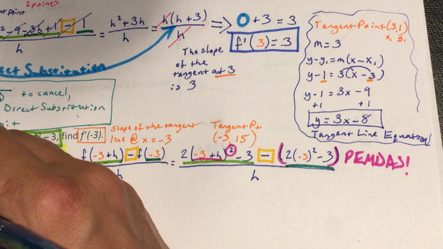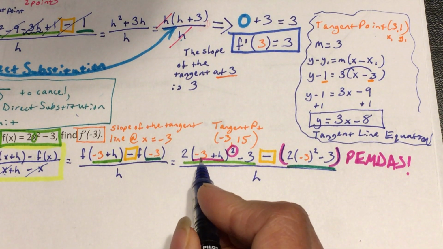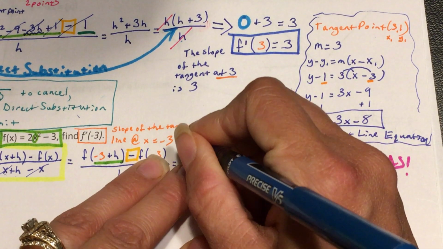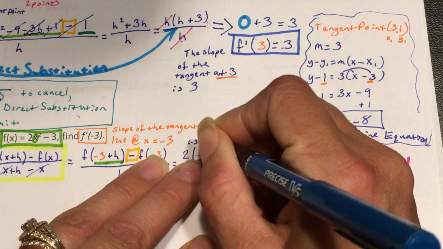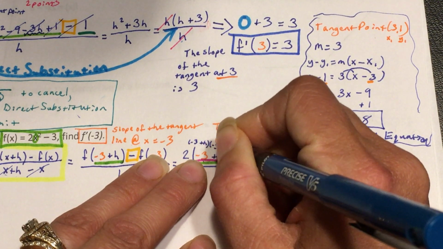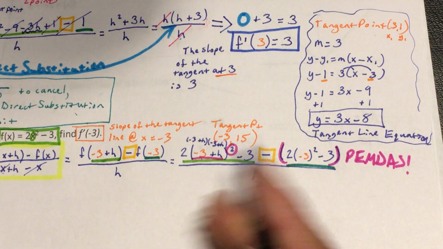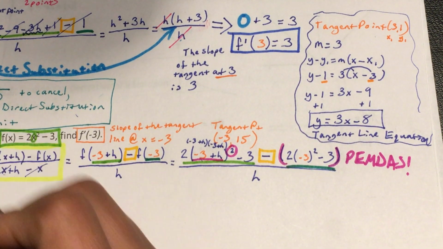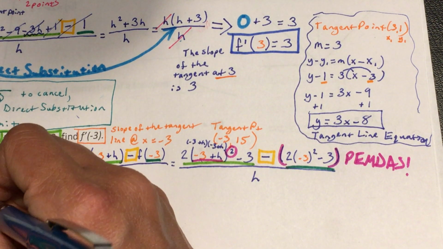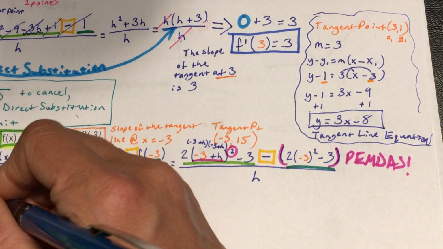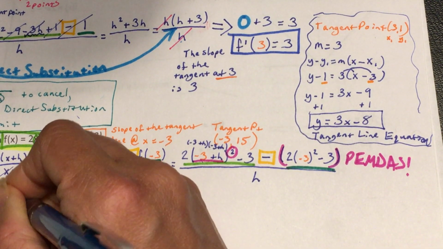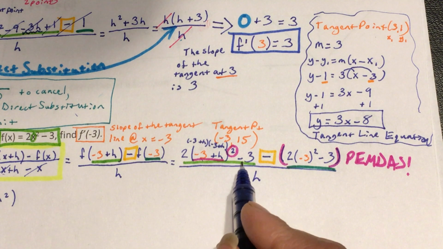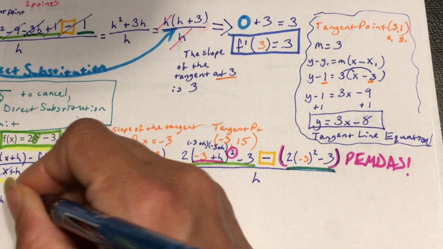So we're going to have 2 times negative 3 plus h times negative 3 plus h. And I'm going to go ahead and just write that above. It just helps me to visualize it. And when I FOIL that, we get a positive 9, a negative 6h, and then a positive h squared. Then we've still got that scuzzy little -3 hanging out.